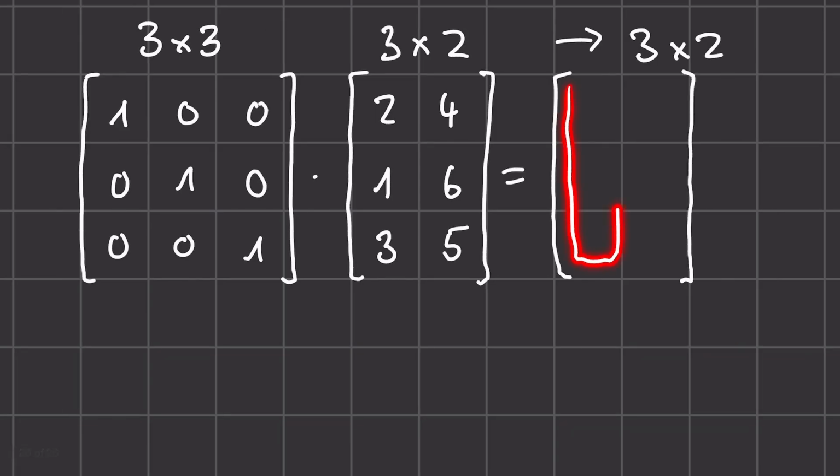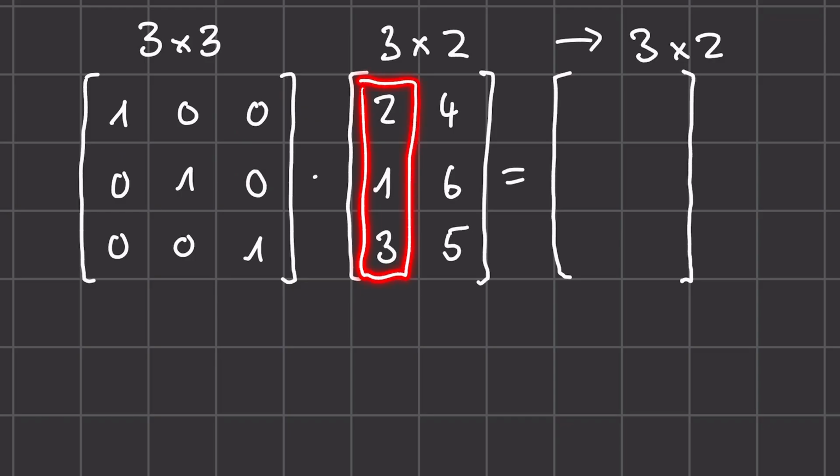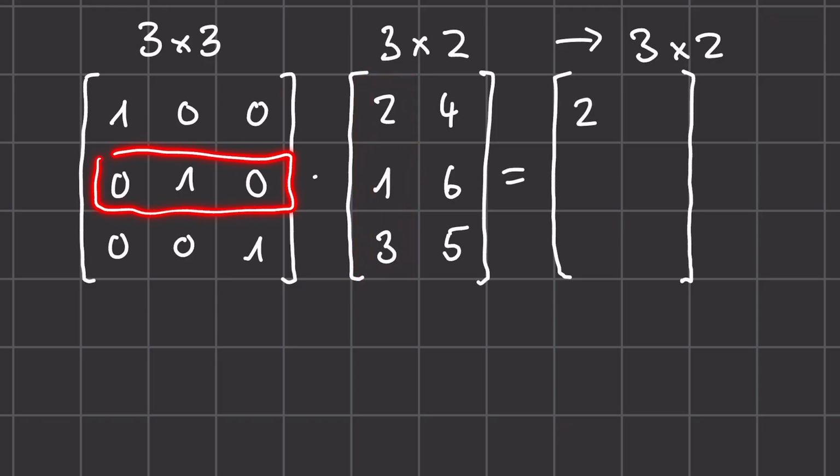For our first column, we start with the first column of the second matrix, and then for the first entry again with the first row of the first matrix. You can see again we only take the first entry, meaning this 2 here, since we multiply this row times this column, so we get a 2 here. Then this row times this column, we get a 1.